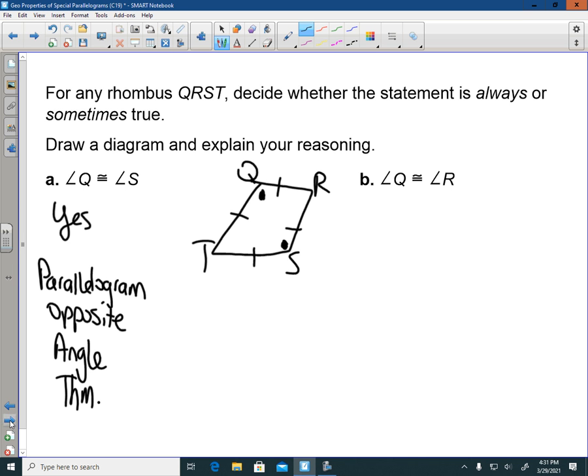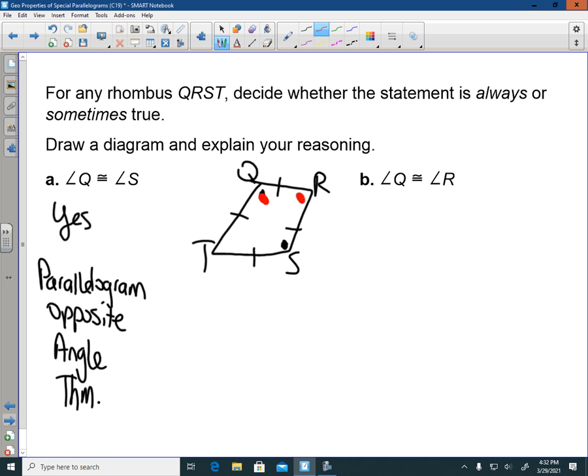What about Q and R? Is this angle congruent to this angle? Well, certainly not always, because some rhombuses aren't squares.